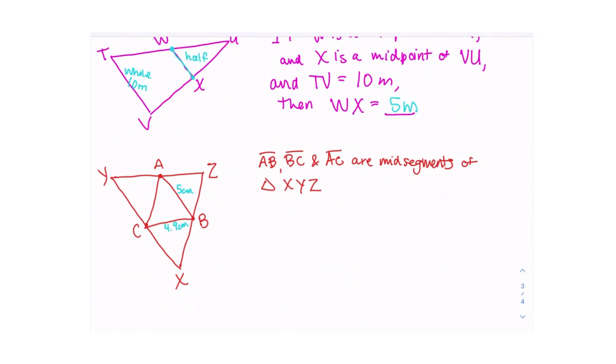And then AC. Should we say 4.8? So if we know that AB was, these were the lengths that they gave us, here's my question. What is the perimeter of triangle XYZ?